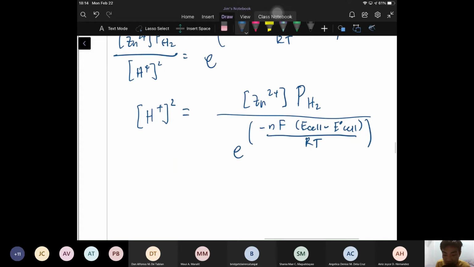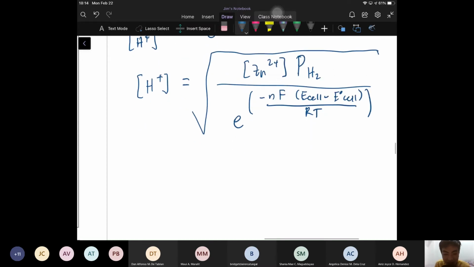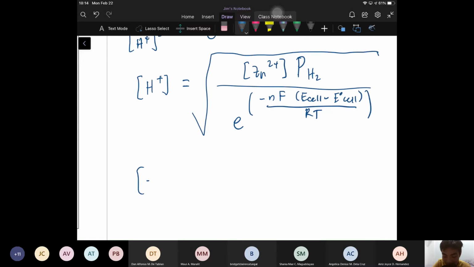So nakuha ko na yung H plus squared. To solve for H plus, I will just get the square root of both sides of the equation. Ay, sa wakas, thank you Lord. Natapos din yung derivation. Hindi pa tayo tapos sa solving. Kunin na natin yung H plus.